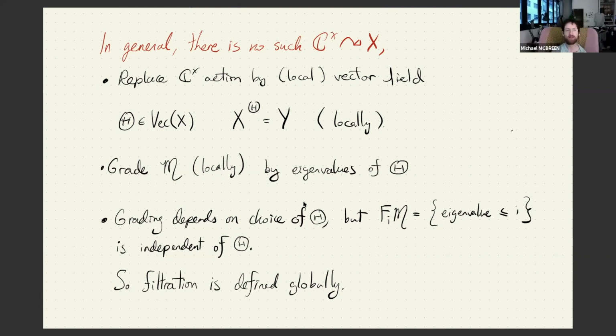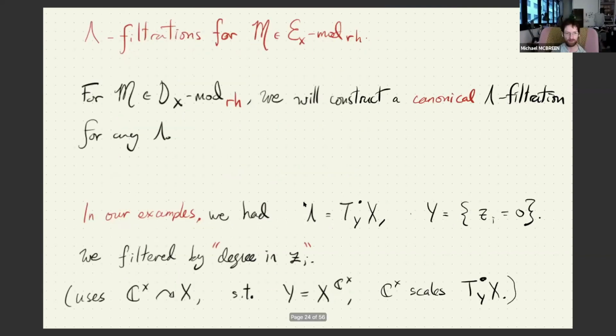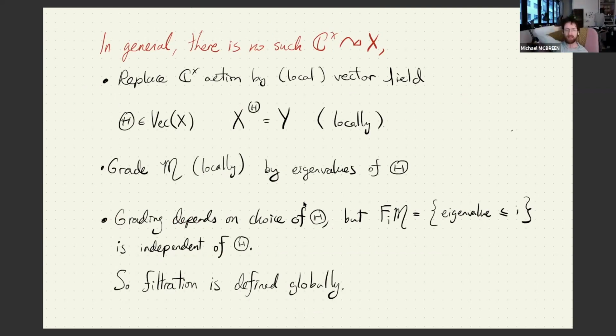And we'll grade M basically by the eigenvalues of this vector field. So same as we did by the degree with respect to the C star action. And the grading kind of depends on the choice of the vector field, but in fact, we'll see that this thing won't necessarily be strictly diagonalizable on our module anyways, but somehow the filtration by the size of the eigenvalues will still make sense and will be independent of the exact choice of vector field. And so that will give you this global lambda filtration.